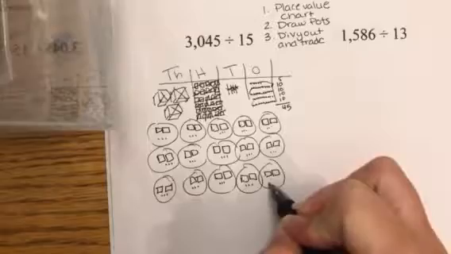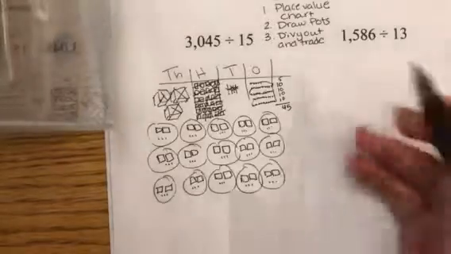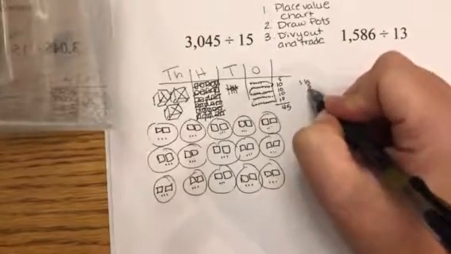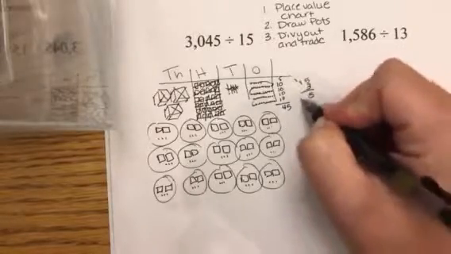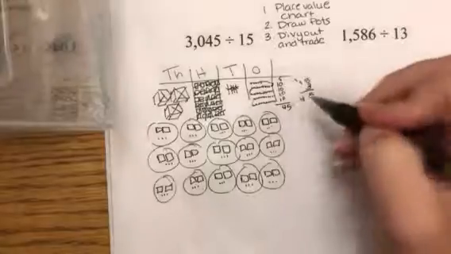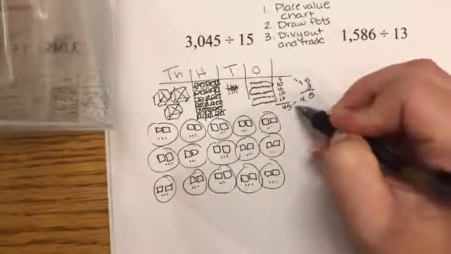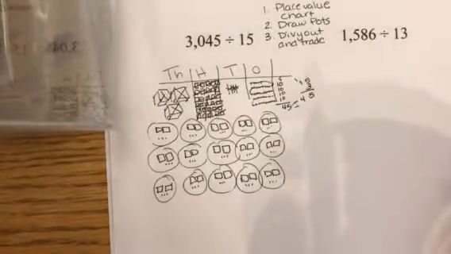And another group of 3. Because I know that 15 times 3 is, 3 times 1 is 3, 1 more is 4. So that worked out, because 3 times 15 equals that 45.